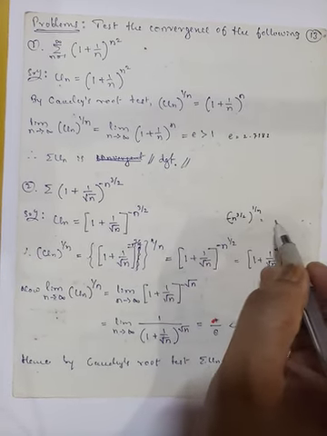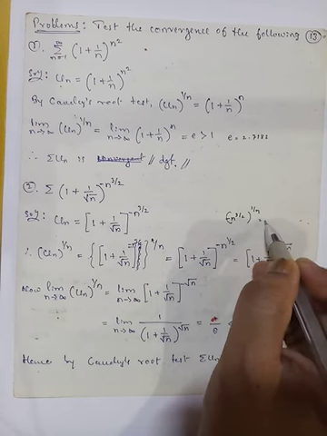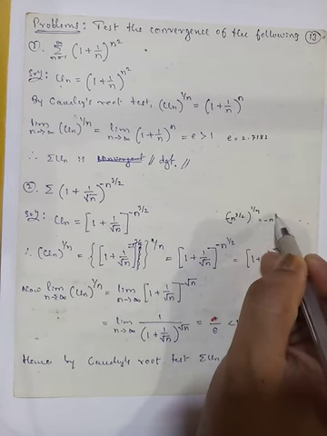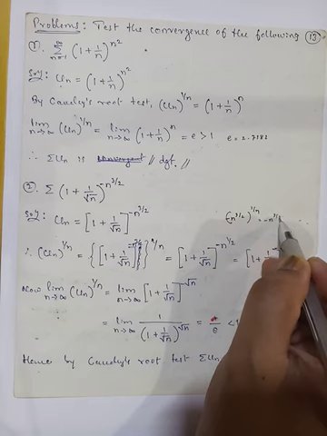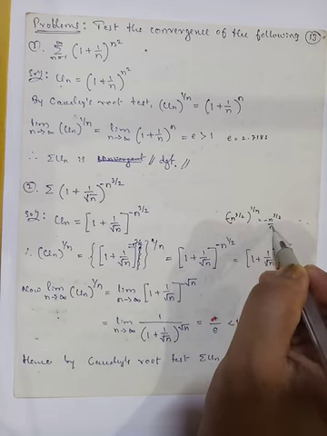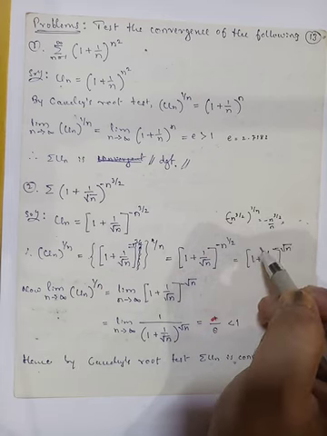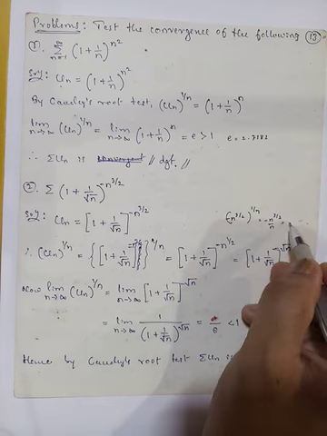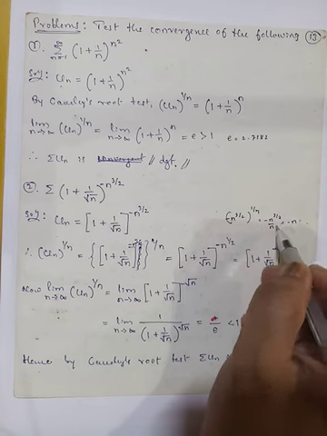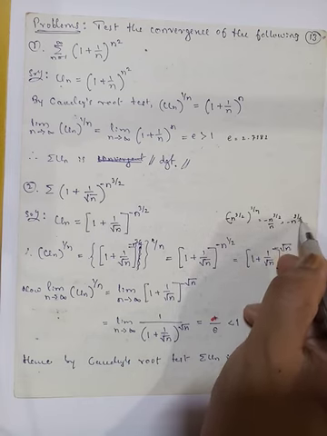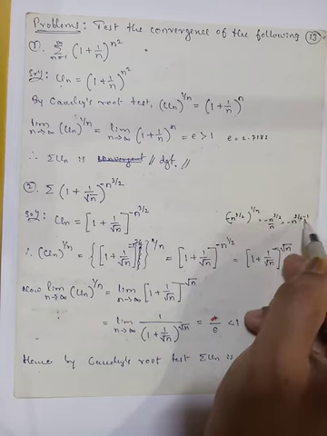When we multiply these, we get minus n raised to 3 by 2 divided by n, and this again we write as minus n raised to 3 by 2 minus 1.